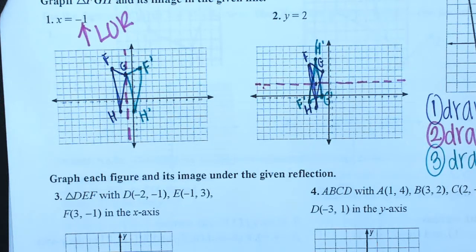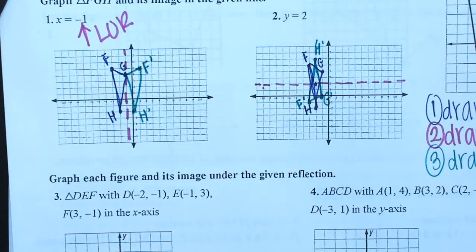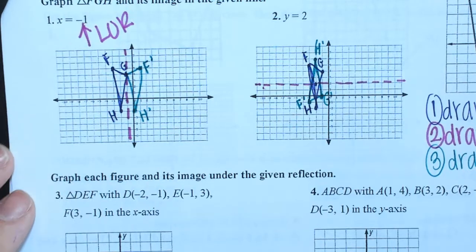Questions? I know it's kind of hard to see with these small grids. They get a little bit bigger in number 3 and 4.